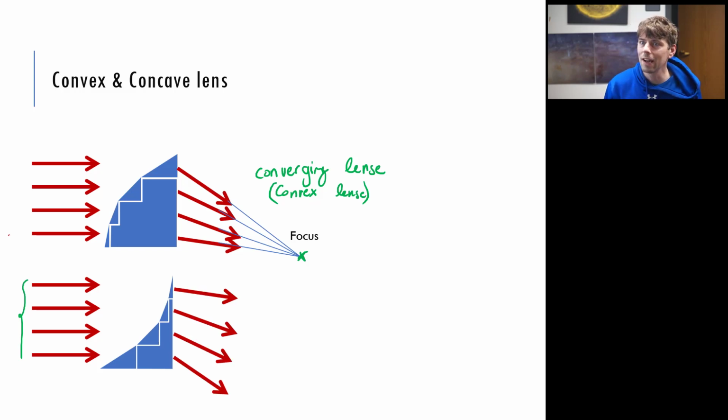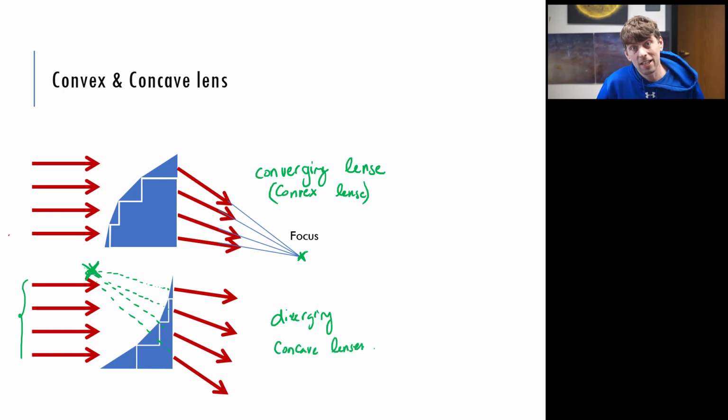However, they will diverge if I track back from where those beams appear to originate. They will diverge from, again, a focus, say right there in space. So again, these are called diverging lenses, or these are the concave lenses.